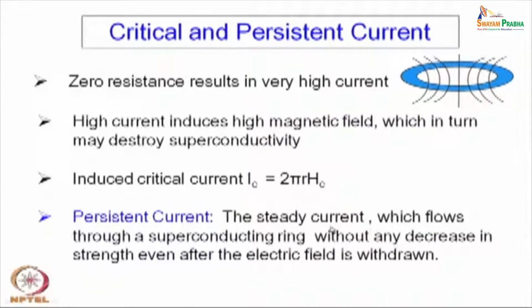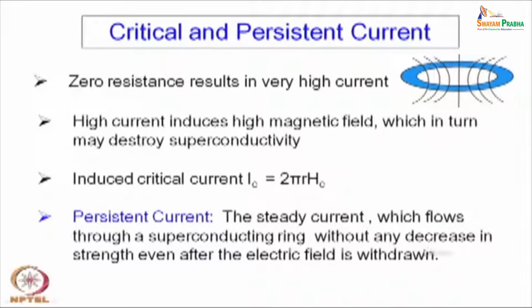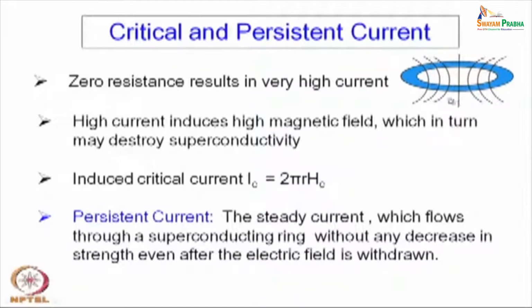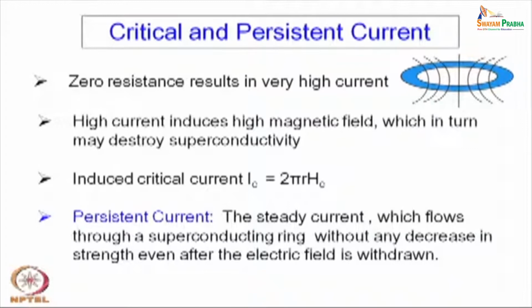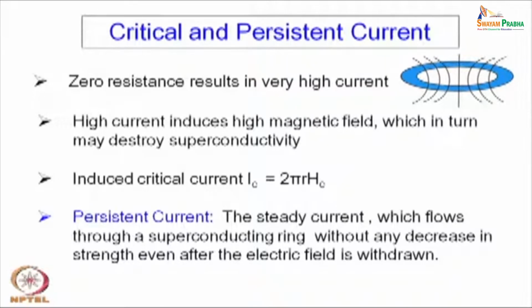It has to be a complete ring, of course, not an open circuit, a complete superconducting ring, without any decrease in strength even after the electric field is withdrawn. So, once a current sets in by applying a small electric field, one can withdraw the electric field, but the current continues to flow, and that is what we call the persistent current in the case of a superconducting ring.